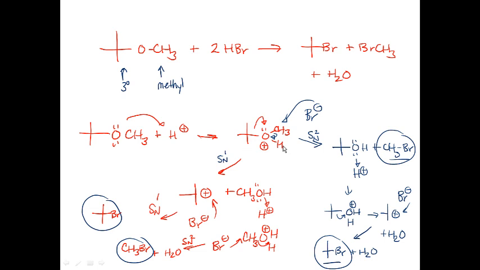Okay. So there's lots of different mechanisms, but either way you look at it, ether plus 2 equivalents of acid will always give us 2 moles of the alkyl halide. And so that's ether cleavage and the mechanism of ether cleavage. So that's one possible reaction that you can do with ethers.